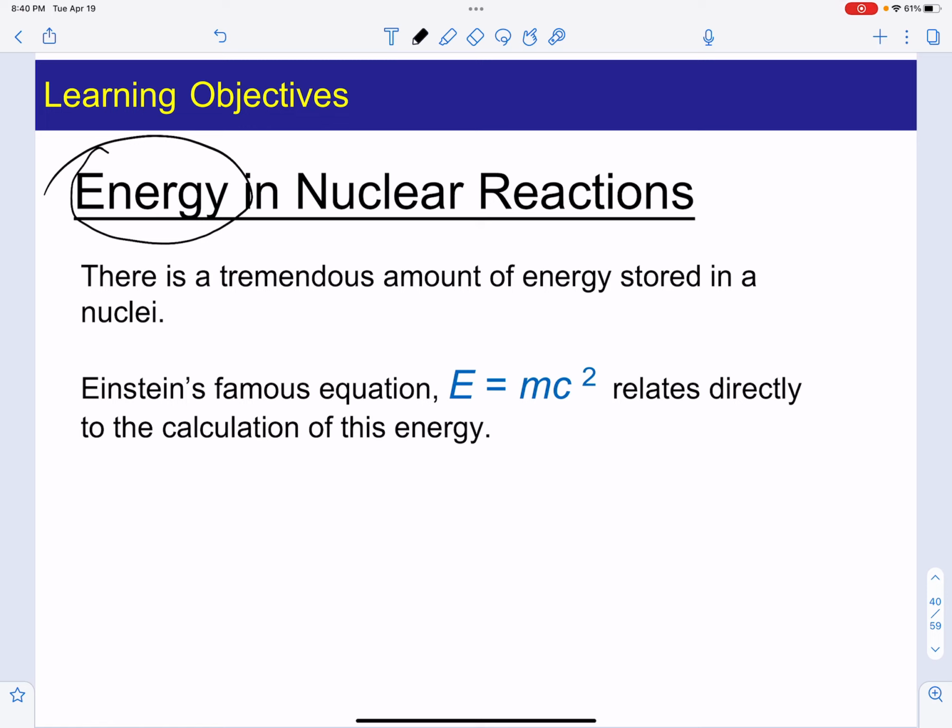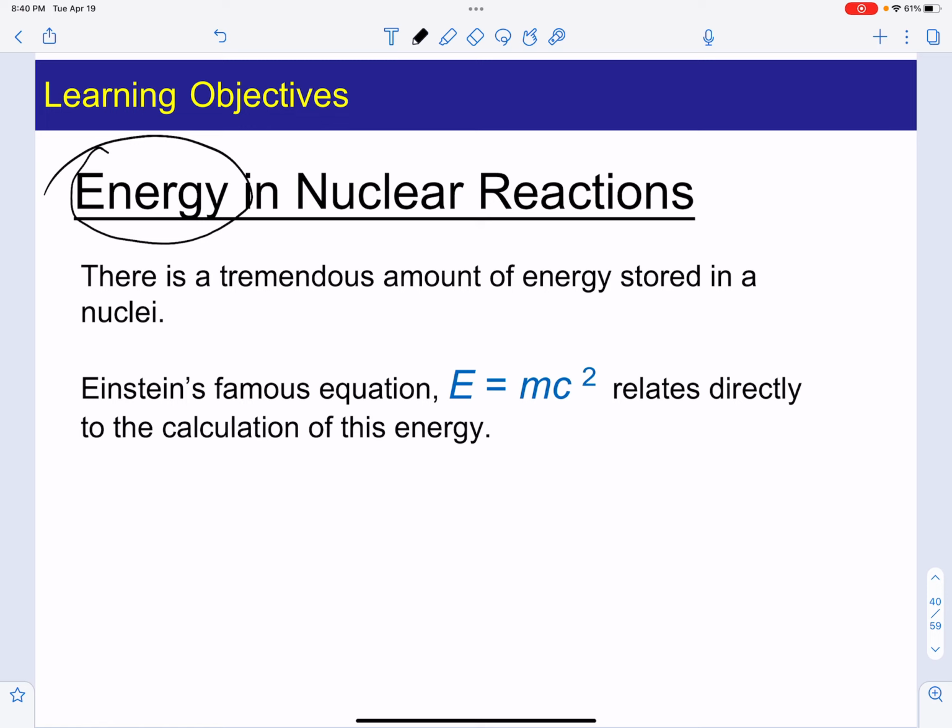Chemical reactions, those that are exothermic, usually generate around kilojoules of energy. When we talk about nuclear reactions, we're talking about megajoules. Kilo is 10 to the third, mega is 10 to the sixth. So thousands of times more than a regular chemical reaction.